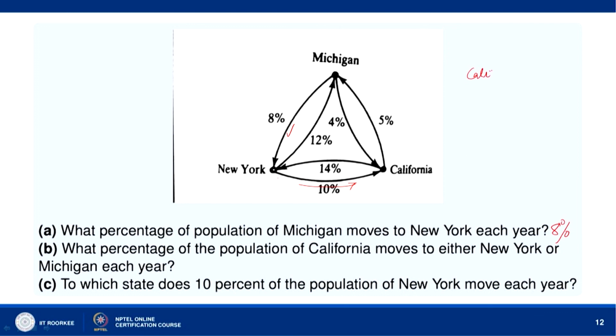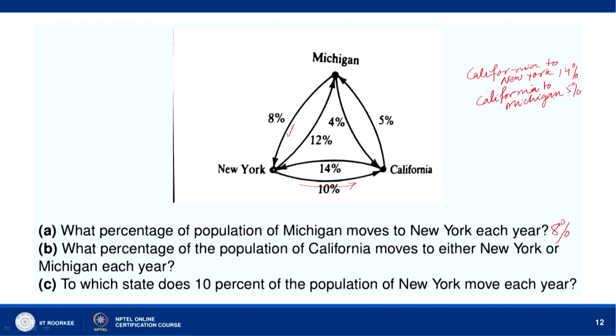California to New York, 14%, and California to Michigan, 5%.